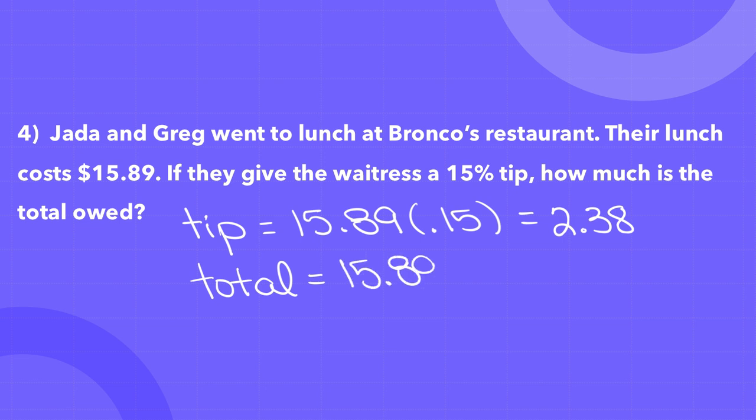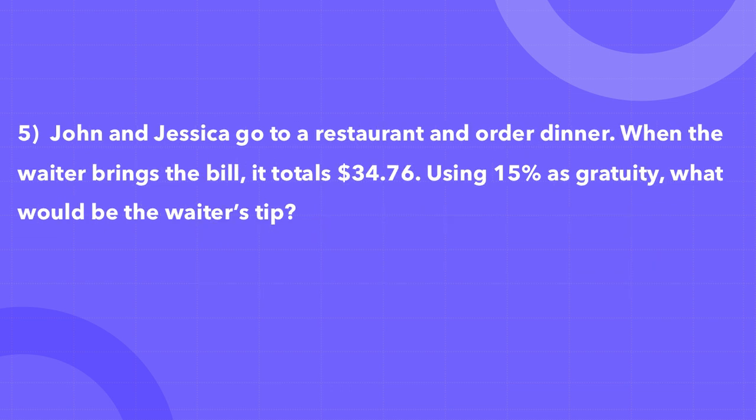Okay, so $15.89 plus $2.38. And what was your total cost? $18.27. Very good. Well done. Okay, how about number 5? And it brings up that word gratuity, which is just another word for a tip.